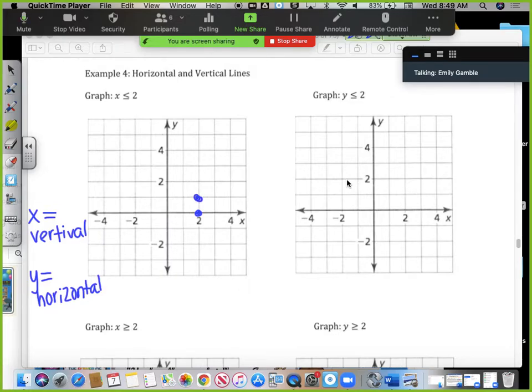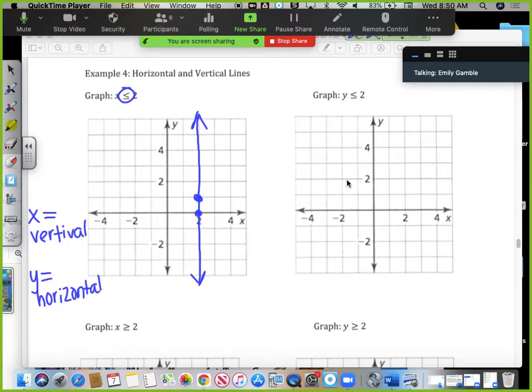So I'm just going to make another point above it just to show that it's a vertical line. Then you need to decide what type of line you would need. Because it's a less than or equal to, that means every point on this line is a solution. So I would just draw a normal solid line like I'm used to doing. So x is less than or equal to 2 would be a vertical line, solid like that.